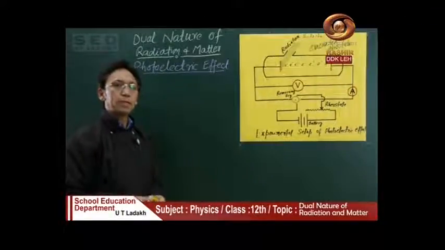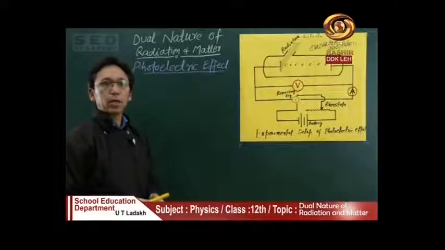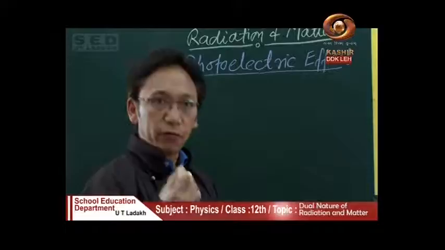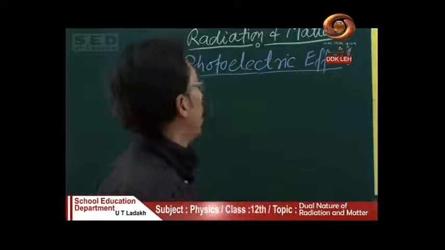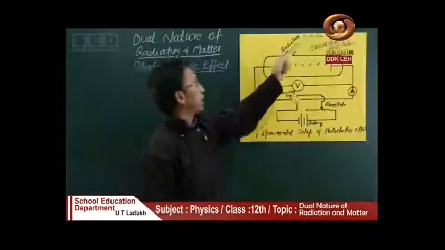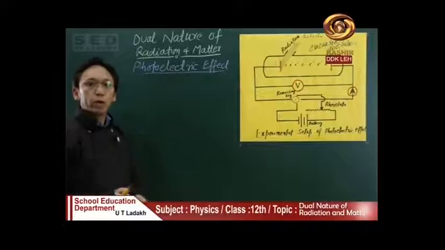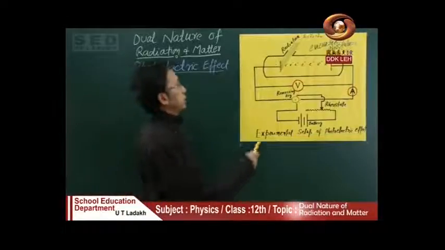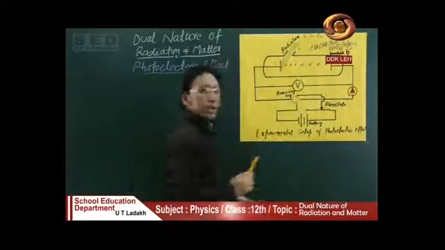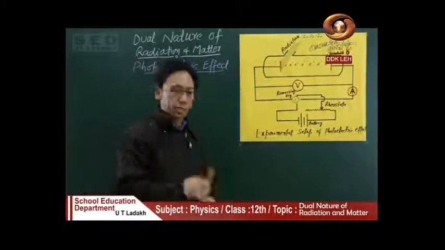Now next we will see what will be the effect on the photoelectric current when we change the frequency of the incident radiation. In the previous one we changed the intensity of the radiation and saw the variation in the photoelectric current. This time we are changing the frequency of the radiation, but we will keep the intensity of the radiation constant or fixed.